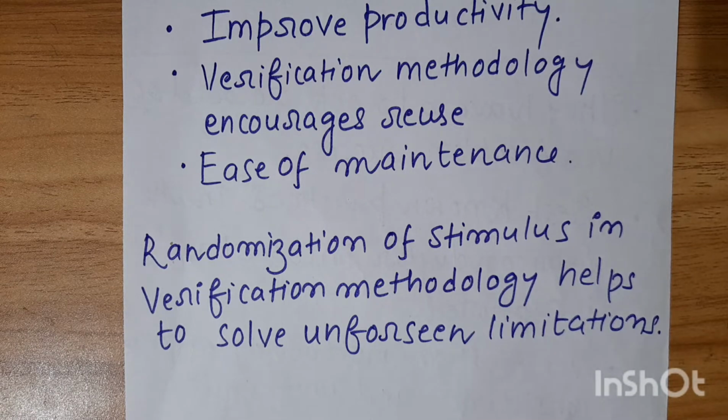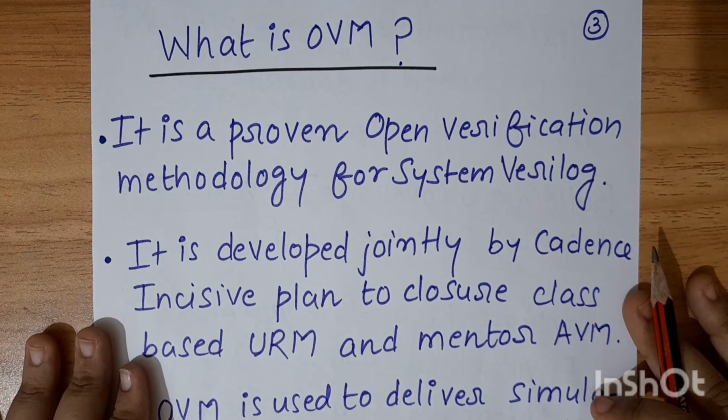In this way, we can make our test directed even with constraints, and point it to specific bugs in the code. And even if we make the stimulus fully randomized, we can look for unforeseen limitations in the code.